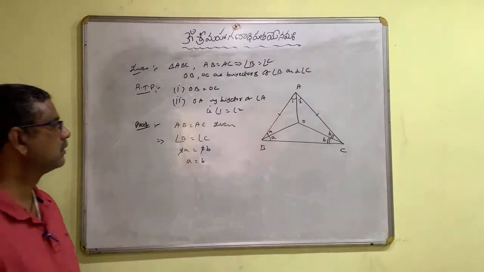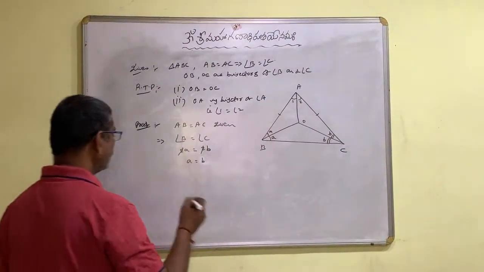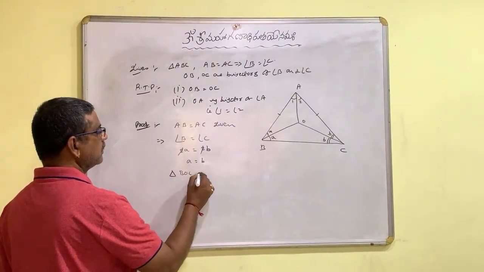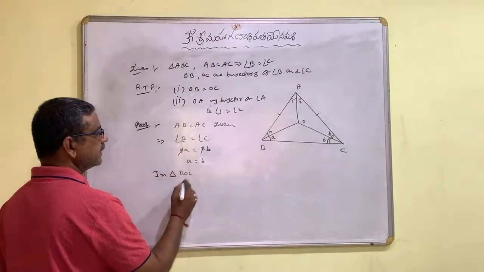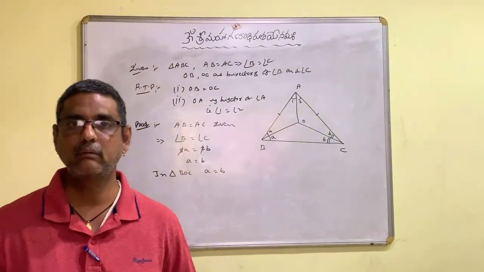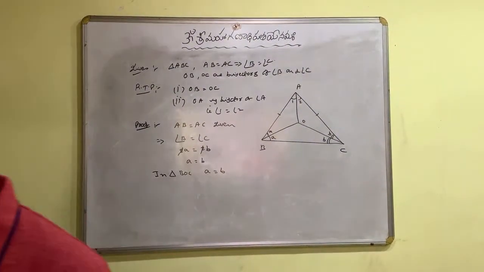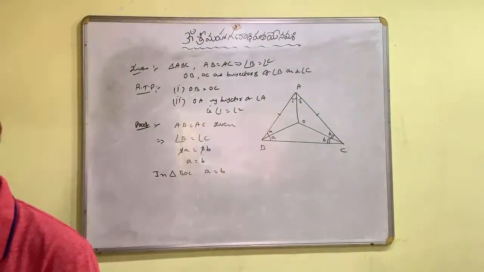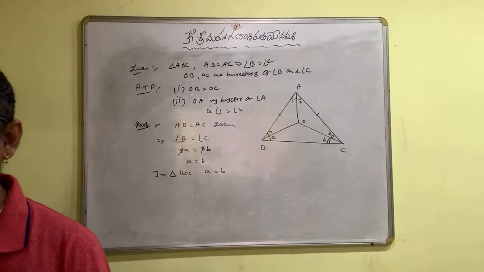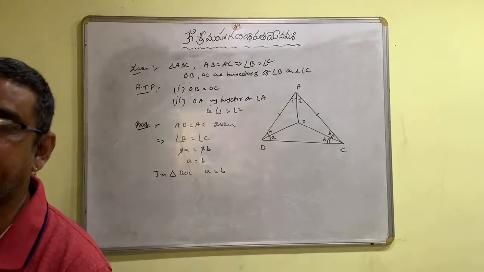Now, so this angle is equal to this angle. Now, consider triangle BOC. In triangle BOC, A is equal to B. Now, you tell me what type of triangle BOC is.